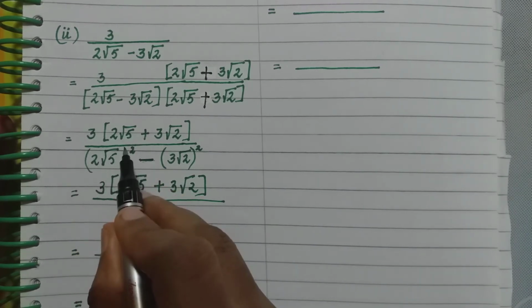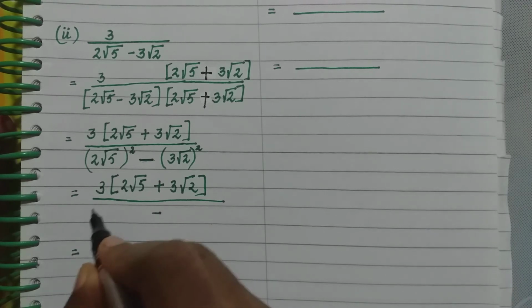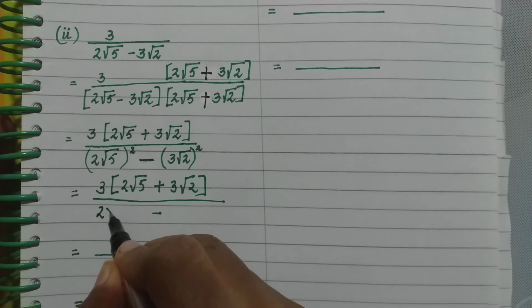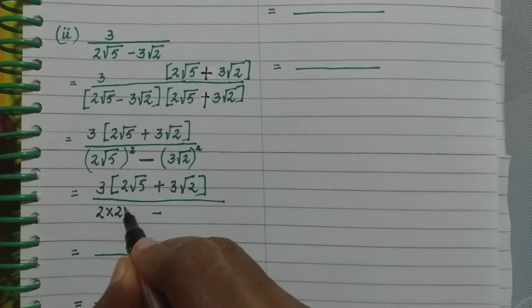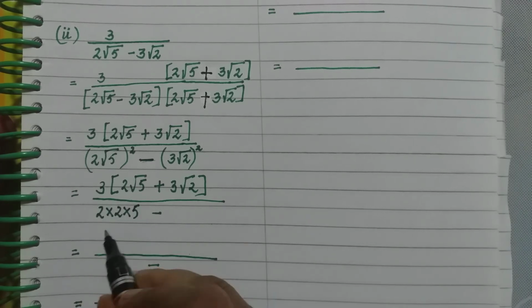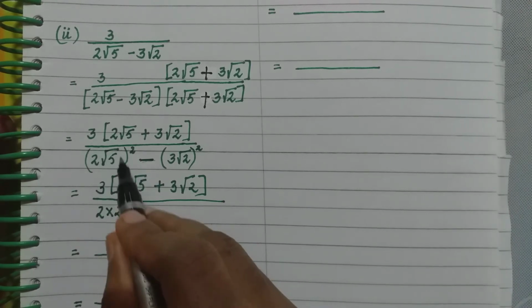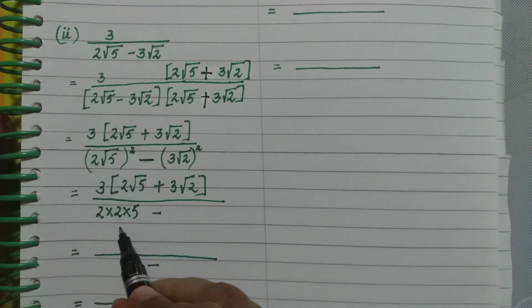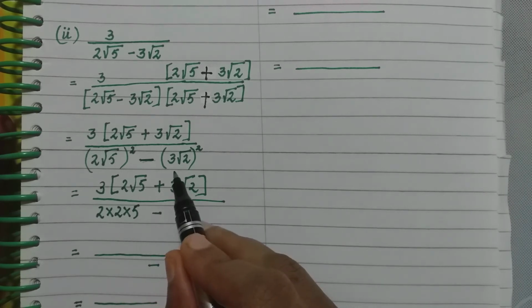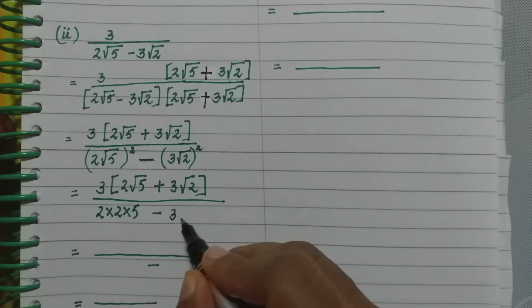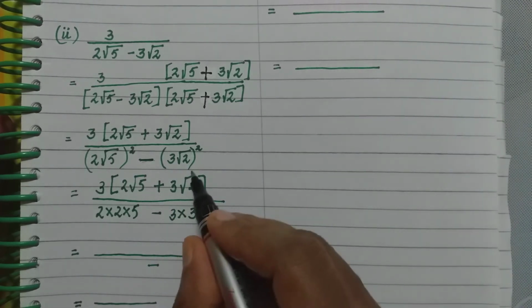So 2 root 5 the whole square will be 2 into 2 into 5. Why 2 into 2? 2 square is 2 into 2. Root 5 square is 5. So 2 into 2 into 5. Then here 3 root 2 square. This will be 3 into 3, because 3 square is 3 into 3.